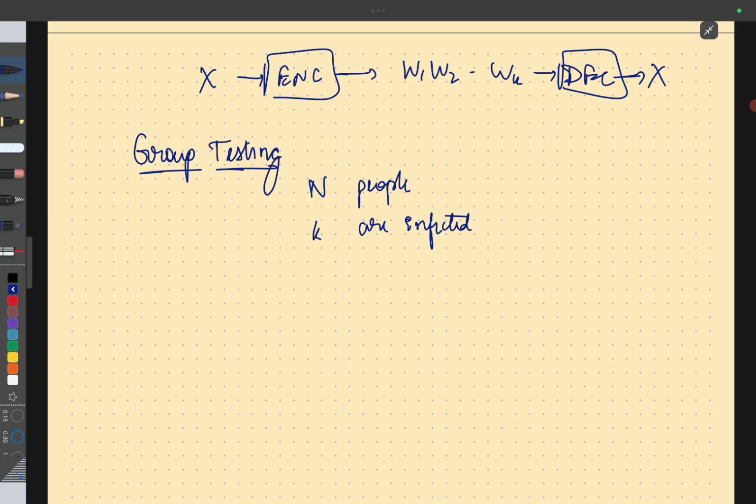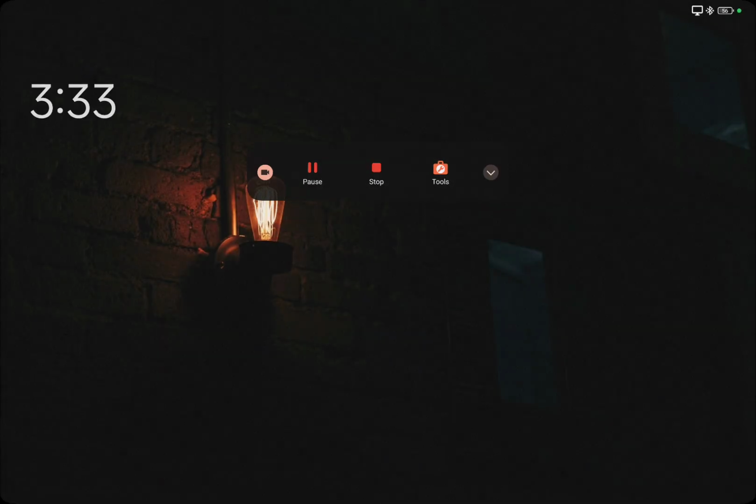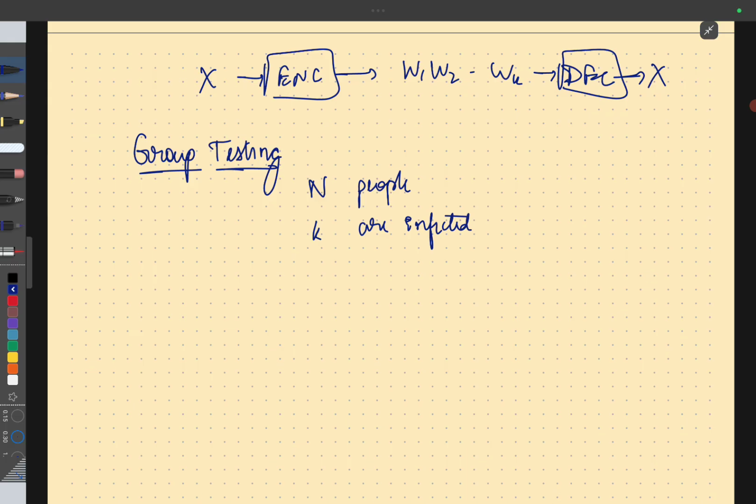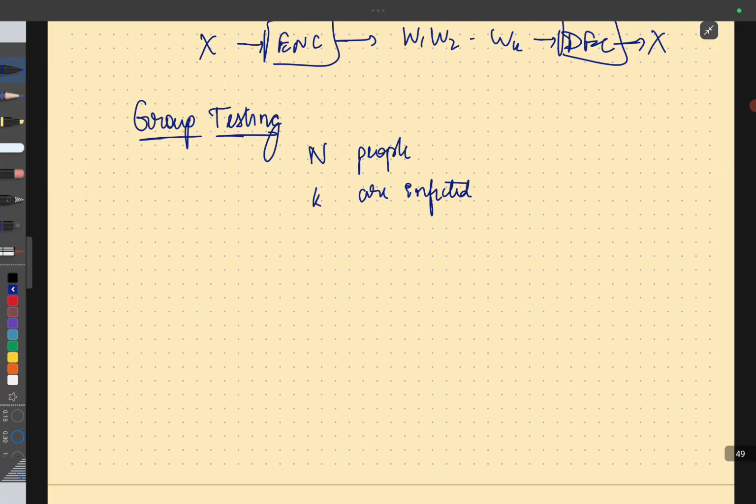What the test will indicate is whether at least one person from this sample is infected or not. As an example, you have 100 people and you split them into two groups of 50 and 50. You pool the samples corresponding to the first 50 people and use one kit to test this sample.